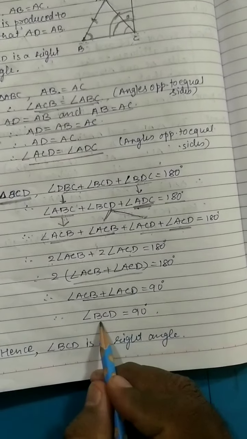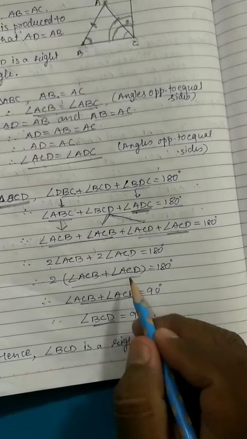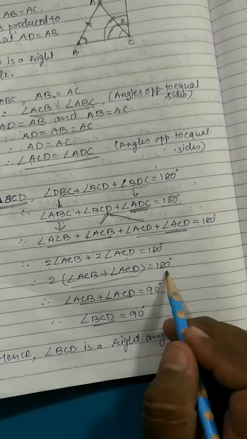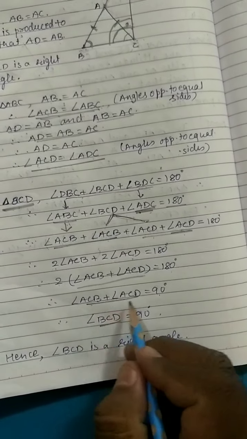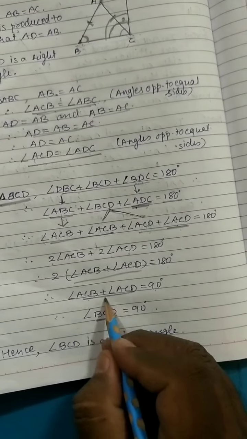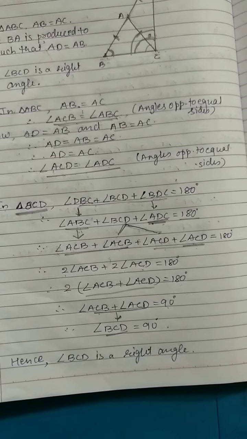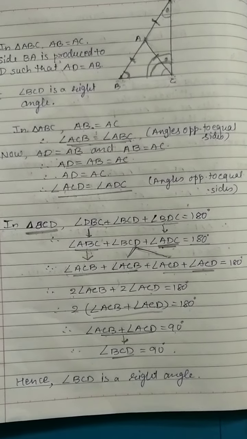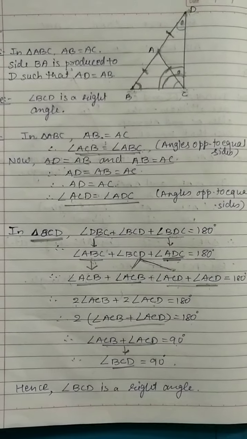Right? BCD. And this 2 goes in the denominator of 180. So it will become 90. So ACB plus ACD is 90 and in place of this we can put angle BCD, right? So BCD is also 90 degrees, hence we can say angle BCD is a right angle, right?